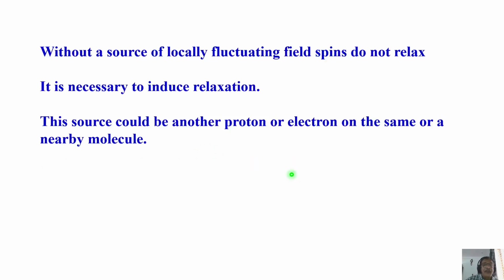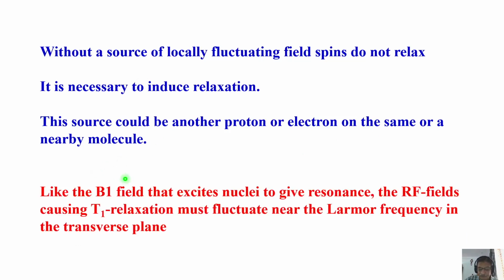Okay, and without that fluctuating magnetic field, without that source, spins do not relax at all. It is necessary to induce relaxation. And this source could be another proton, electron, or any nearby molecule. Like if you apply a radio frequency pulse and excite spins to give resonance, the same radio frequency fields causing relaxation must also fluctuate near the Larmor frequency.